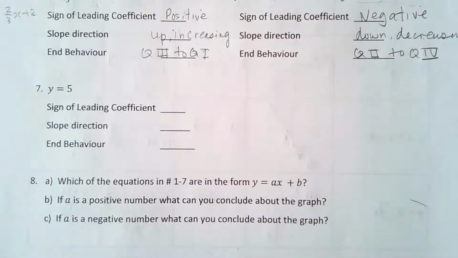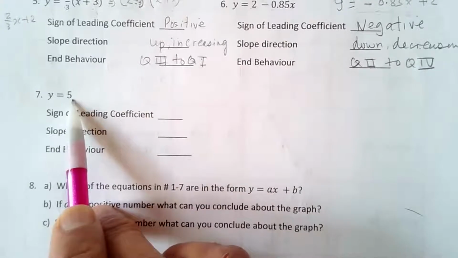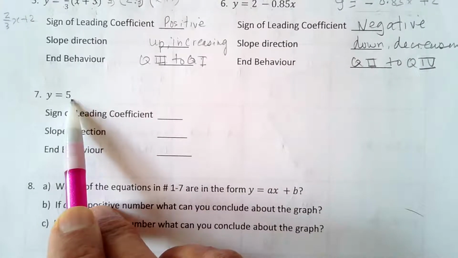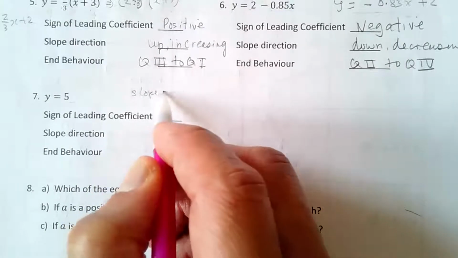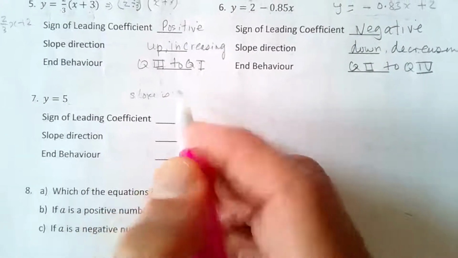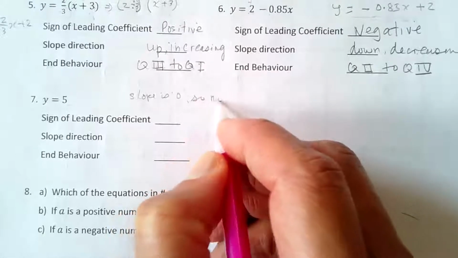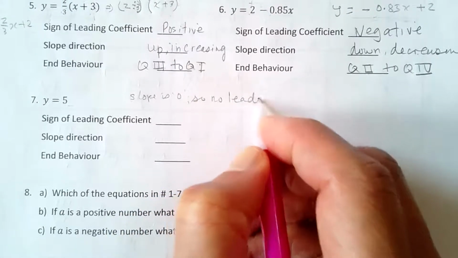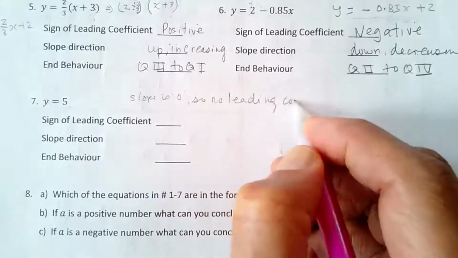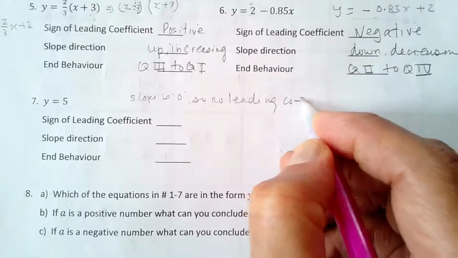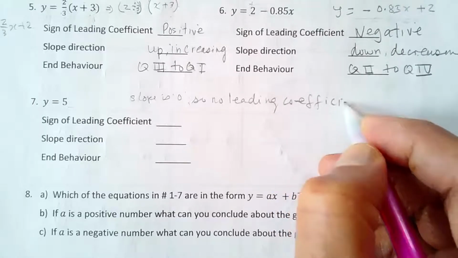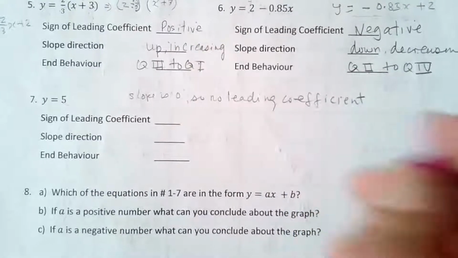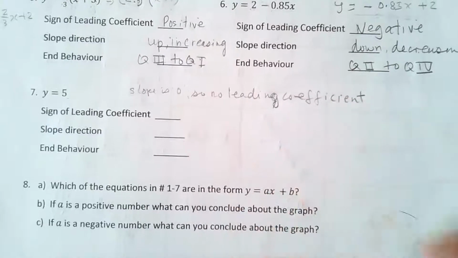Now, for this one here, the leading coefficient doesn't exist, right? Because there's no slope here. The slope is 0. So we have no leading coefficient.